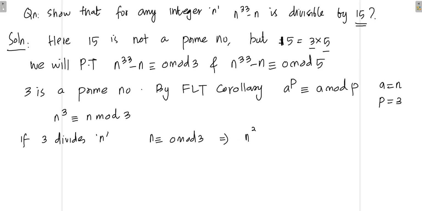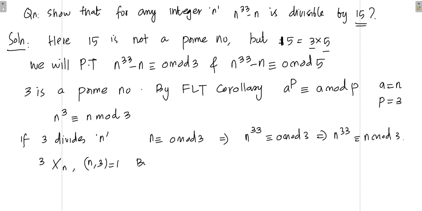And n in the other powers, n raised to 33 congruent to 0 mod 3, which implies n raised to 33 congruent to n mod 3. 3 n ne divide ചെയ്യാം. If 3 does not divide n, which means that n and 3 are relatively prime, so use Fermat's theorem.